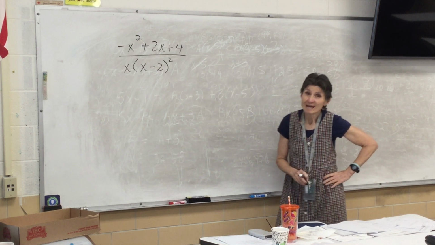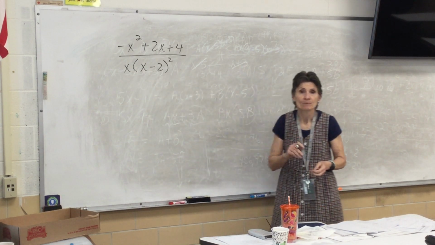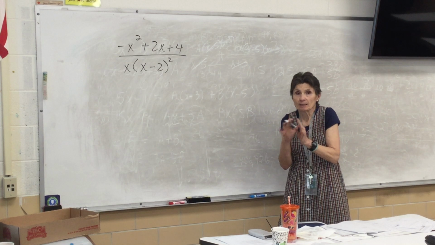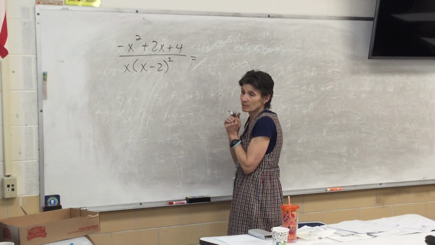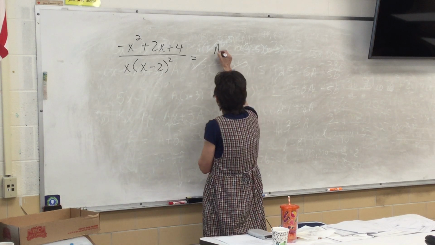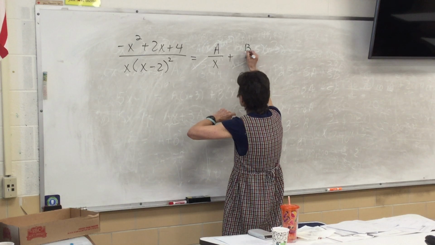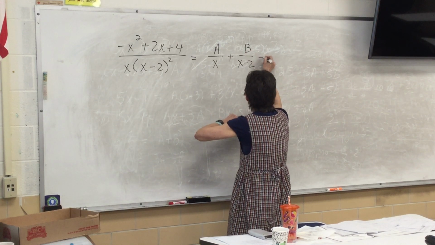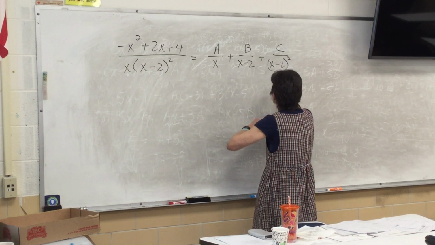Now, when you have a squared factor in your denominator, that introduces a little complication. My partial fractions for this problem will be a over x, b over x minus 2, and c over x minus 2 squared.